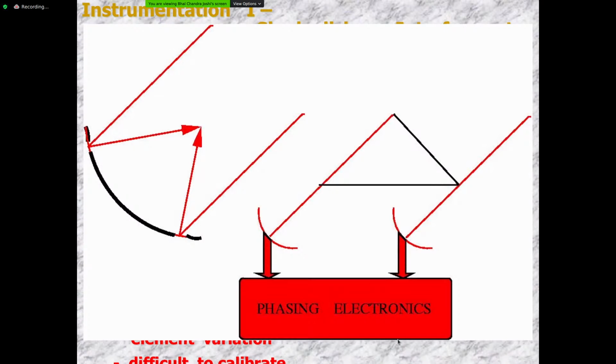Now, there is some part of the phase which is very easily determined. For example, depending on the altitude of the source, you can work out the geometrical delay between each of the telescopes, which is shown by this part here. So in this right triangle, if you have the two telescopes separated by this distance, you know that this much is the extra path length which the electromagnetic wave is traveling.